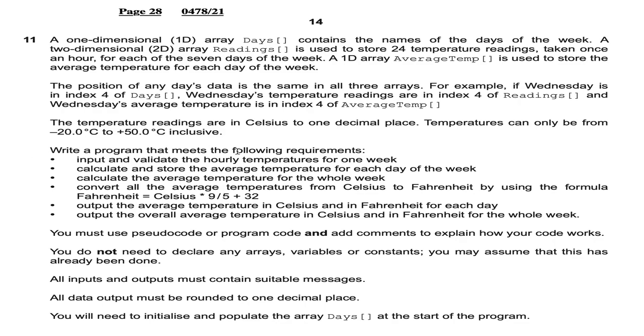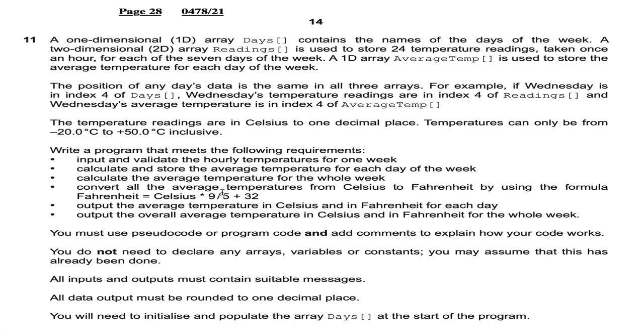Write a program that meets the following requirements. Input and validate the hourly temperatures for 1 week. Calculate and store the average temperature for each day of the week. Calculate the average temperature for the whole week.